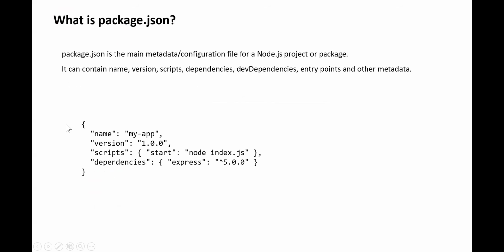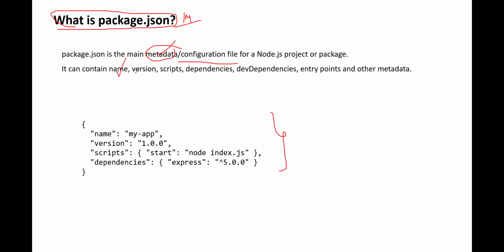Next, what is package.json? From early on we have been learning that, and now we will see what it actually is. This may also come as a 1 mark question, and this syntax is most important. package.json is the main metadata of the packages. Metadata means the configuration file of a Node.js project or package.